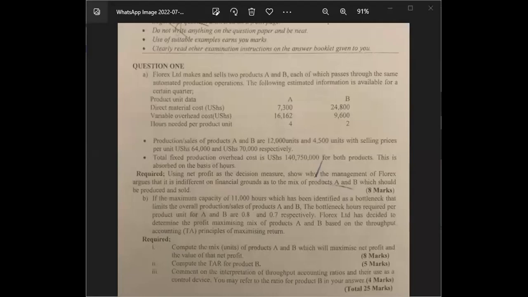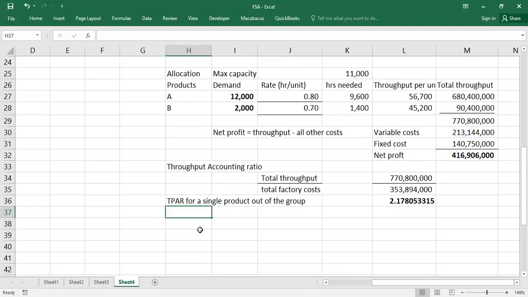Okay, for a single product, as if they are answering this same thing, for B alone, this formula still remains the same. Now total throughput, let's copy this one.